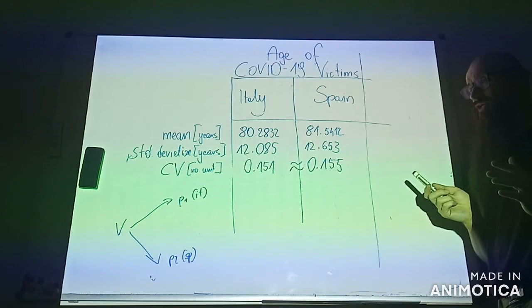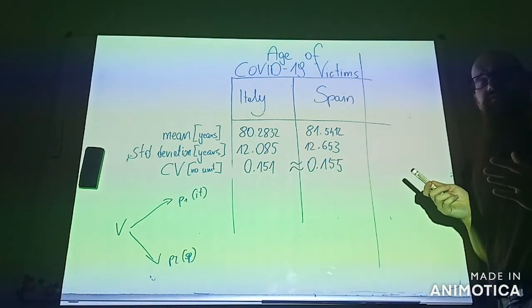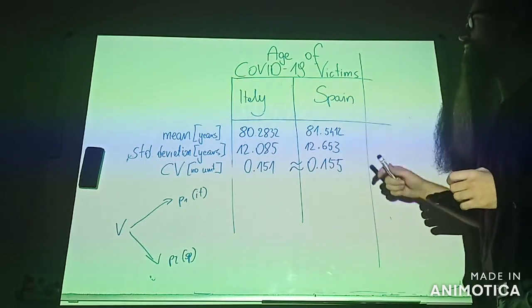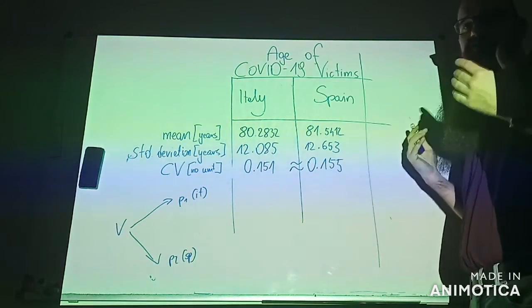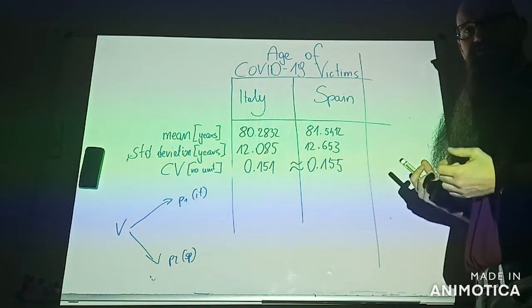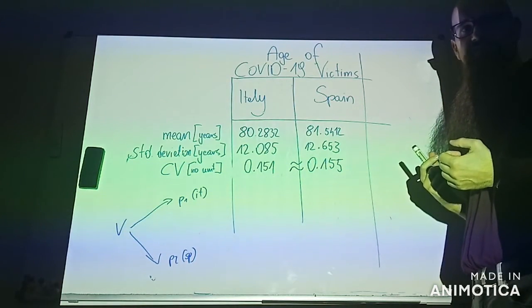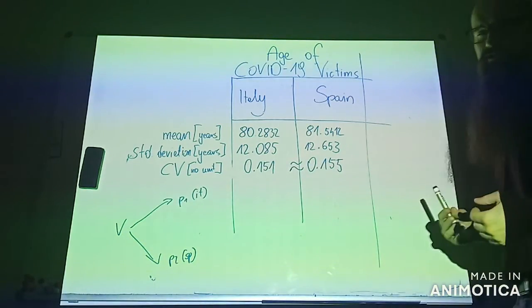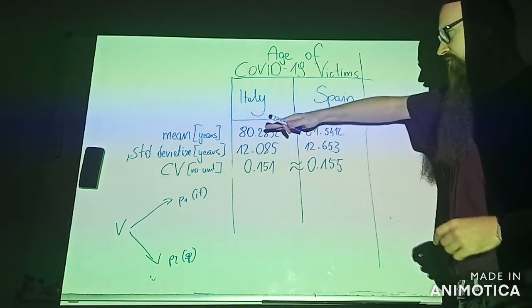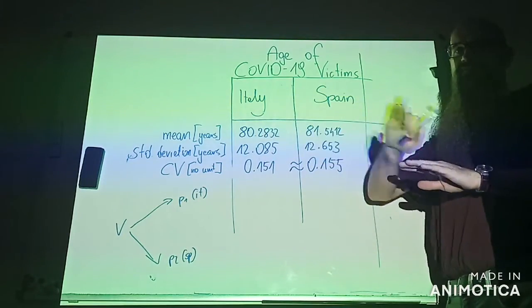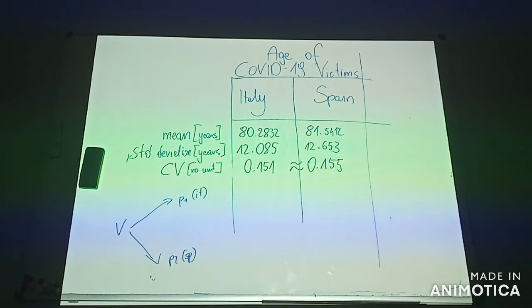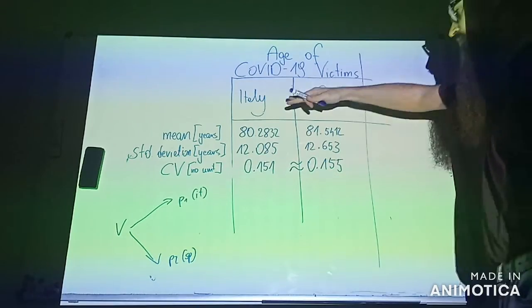So here goes the main remark that these populations, in respect of death distribution due to COVID-19, are very similar to each other. Yes, we have a similar level of average age of COVID-19 victims in both populations.